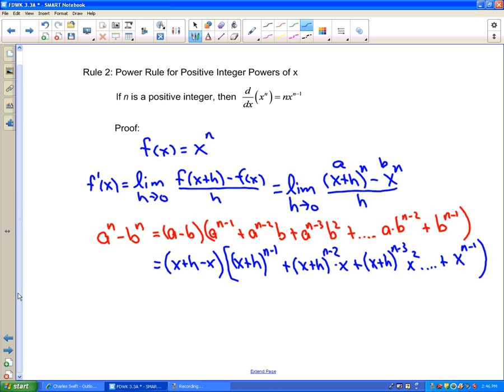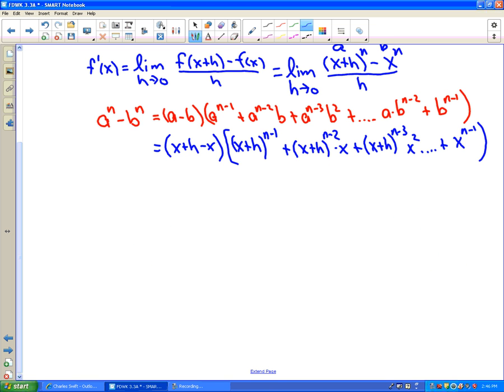The first part of our expression, x plus h minus x, is going to simplify down to just plain h. And then as h approaches 0, we're going to have our denominator of h.